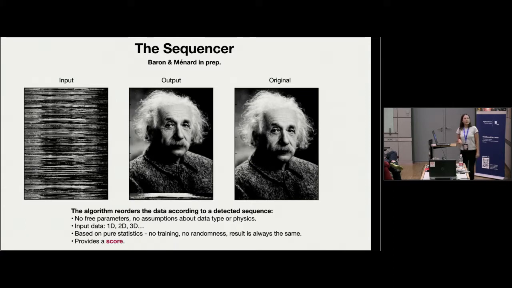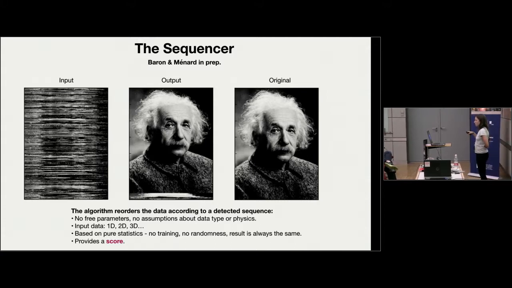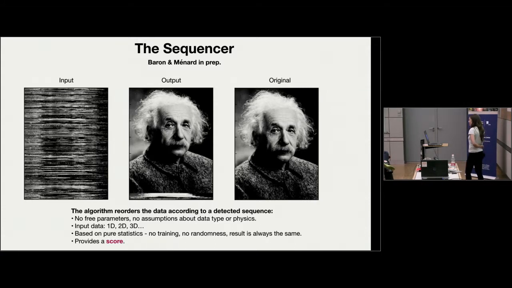Now, there are several important things about this algorithm. First of all, it has no tuning parameters. This is important because when I'm doing unsupervised tasks, any tuning parameter can change the results. And if it changes the results, me as a scientist, I can change the tuning parameters until I get to the conclusion I want.